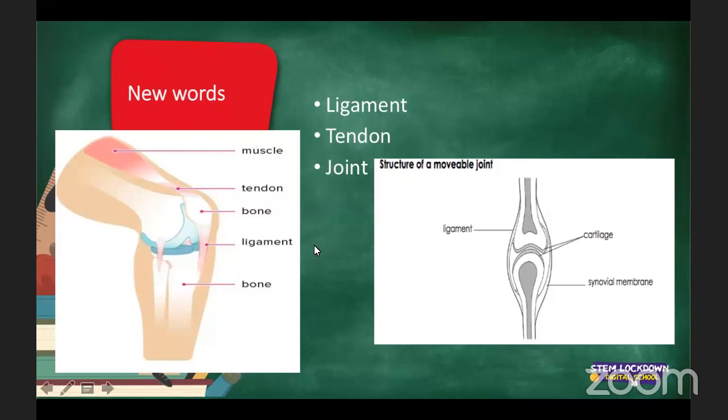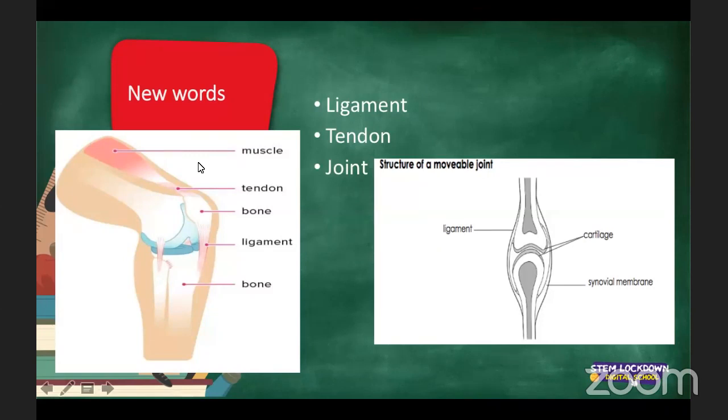Let me mute everyone. Okay, good. Then we are focusing on this picture here. As you can see, there are muscles, tendons, a bone, a ligament, and also another bone.